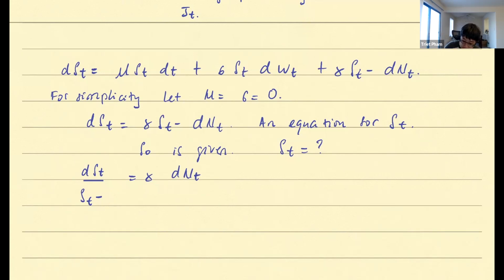Well, I guess I give the secret away a little bit. If you look at this, this equation tells you that the stock price in this model is also a pure jump process. So here in this model, ignoring these two components, this describes a pure jump process.